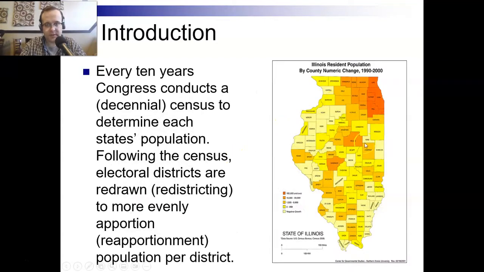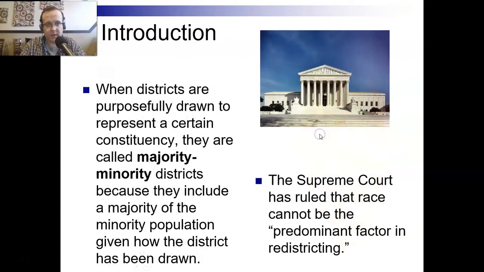So Congress, and this is old, conducts a census to determine the population of each state and to apportion districts more evenly. When they are purposely drawn to represent a certain constituency, they're called minority districts.